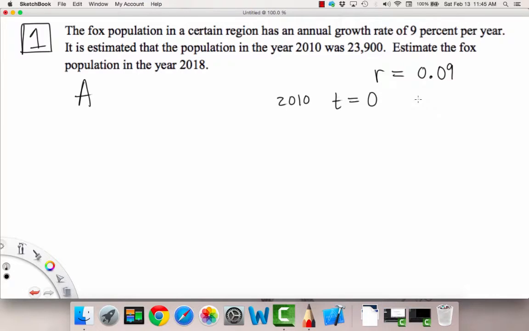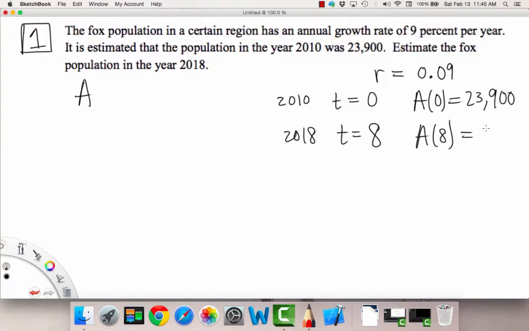And then the population, A of 0, is equal to 23,900. What we're supposed to do is estimate the fox population in the year 2018. If t is measured in years since 2010, then 2018 is 8 years away, so t equals 8, and we want to find A of 8. That's what we're looking for.